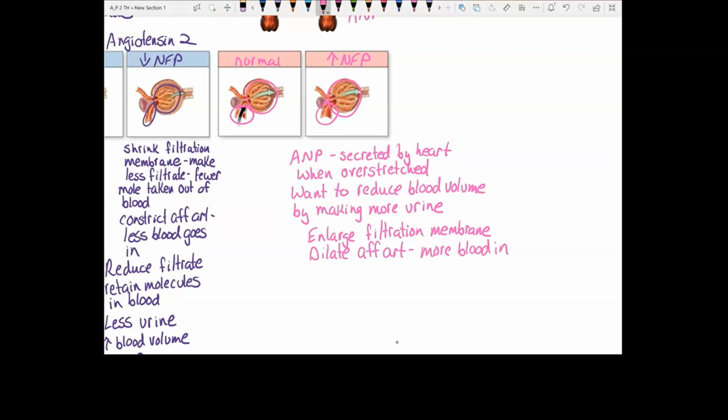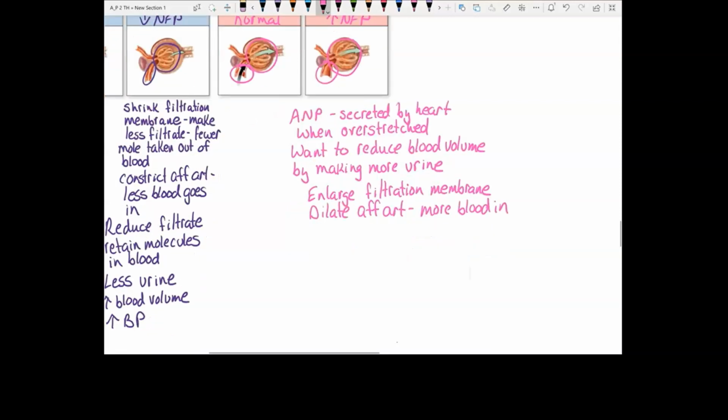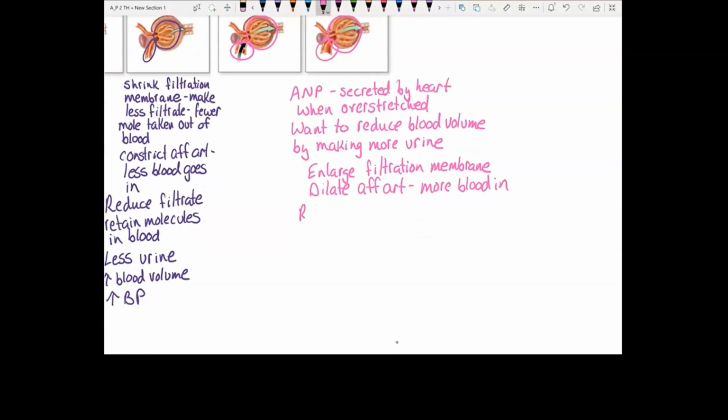So by having a bigger filtration membrane, having more blood go in, you will remove more molecules from the blood. So this means you will have less blood volume and you will have more urine.